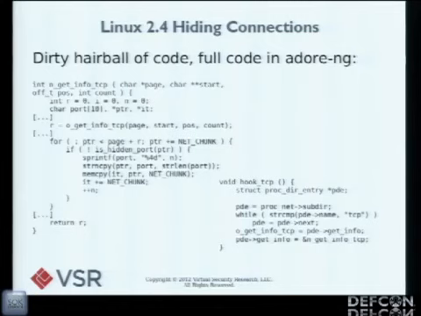Very simple. Looking at hiding connections in 2.4 is actually a big pain in the butt. Not that you don't know how to do it, but it's just a lot of parsing, a lot of dirty C code that you have to write. Looking at Adore-ng, this is how it's done. It couldn't all fit on a slide, but basically the same concepts apply.